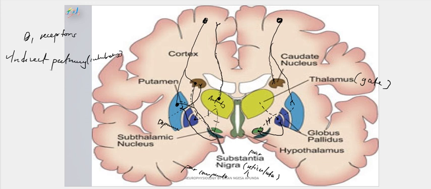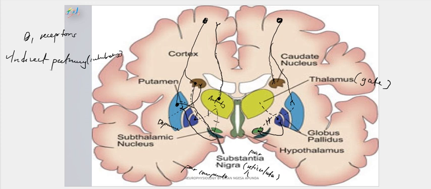So this time round they've been activated, unlike what we saw in the other pathway, because if you send signals directly from the striatum straight to the globus pallidus internus and the substantia nigra reticulata, it will inhibit them.